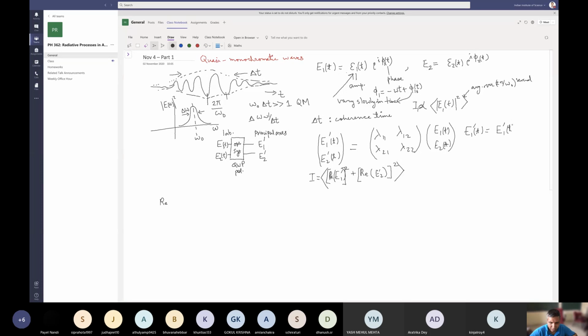There is a time dependence here, but the fast time dependence I write separately. I can absorb the fast variation here, so that this includes both the phase and the amplitude, slowly varying phase and amplitude. So when I'm averaging with these triangular brackets, I'm actually averaging terms which are varying fast like this.